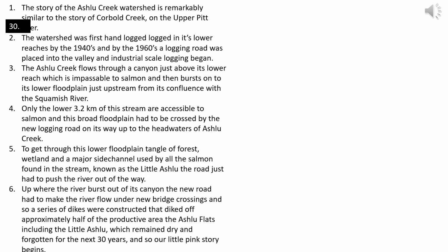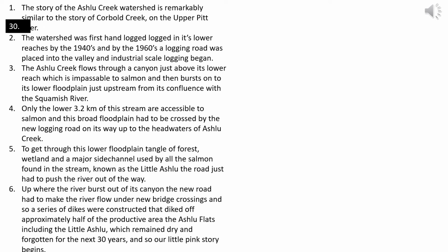Well, at this point, a dike was constructed on the left bank looking downstream for hundreds of meters, that effectively diked off approximately half of this productive floodplain, also known as the Ashley Flats, which included the Little Ashley side channel, which then remained dry from the 1960s for the next 30 years.